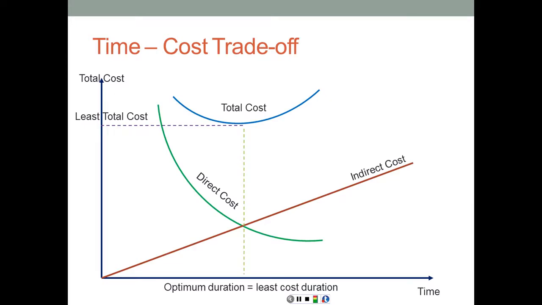And this is basically the idea that we were talking about, that total cost curve. This is going to be the right side, and this is going to be the left side. Right now we have already reached this point, which is the lowest total cost, which is the optimum duration, so that's after 3 days of compression. Compressing any further is going to result in an increase to the cost.